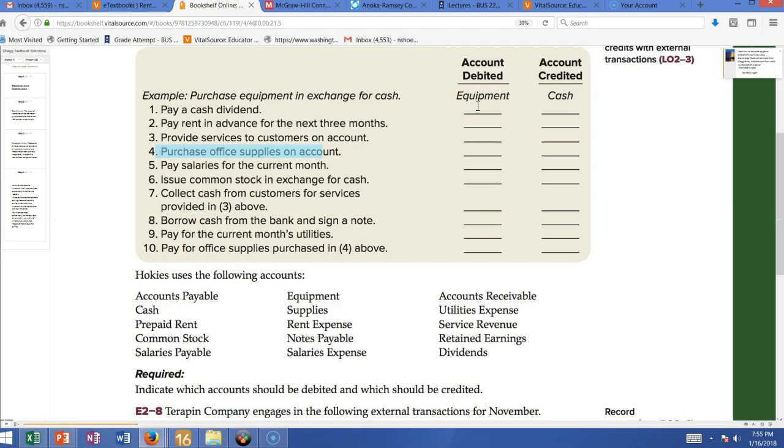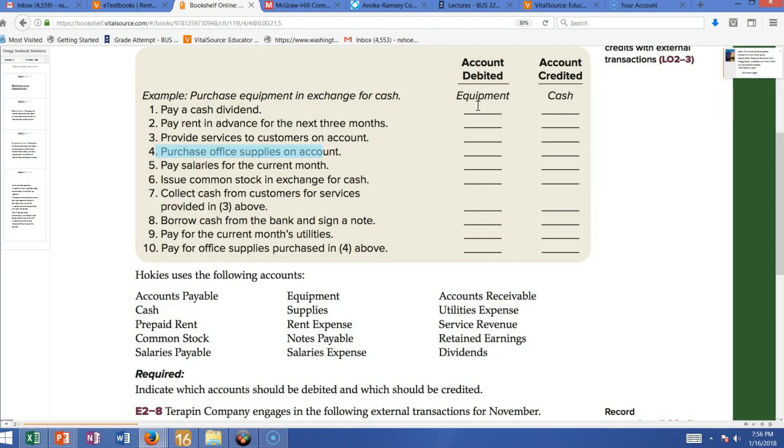Many times, guys, I'm going to give you a cheat thought. Even still, when I'm working through a transaction, I always think of what's happening to cash, to help me process through. Then if cash is being credited or decreased, usually I know the other side is going to be debited.